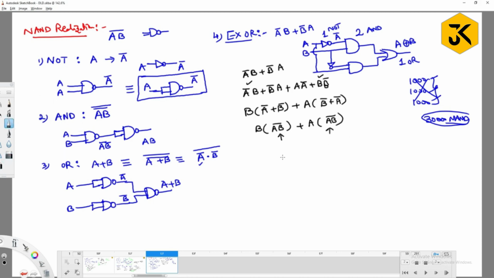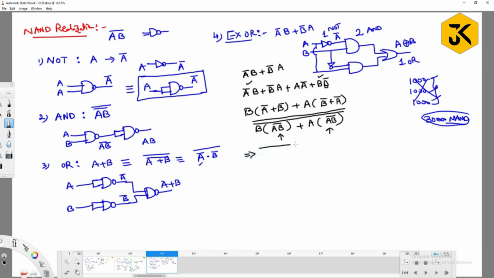Okay, one is done. But what about the remaining A and B? For that reason, you can just make it a double complement. If you take the double complement, again you are going to get the same expression.